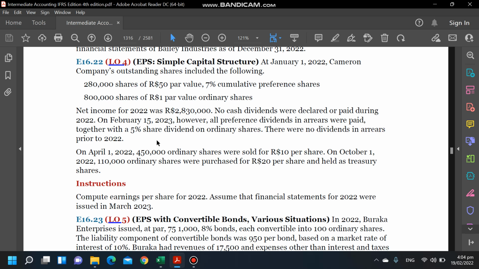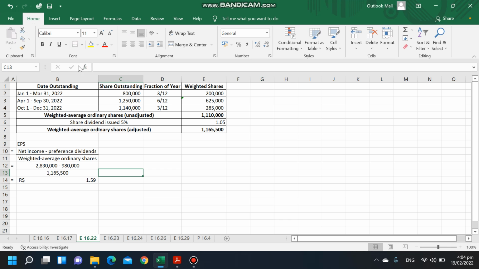We will start with the beginning amount of 800,000 before the event of April 1st, 2022. So January 1st to March 31st, 800,000. The fraction is 3/12, so the weighted shares is 200,000.